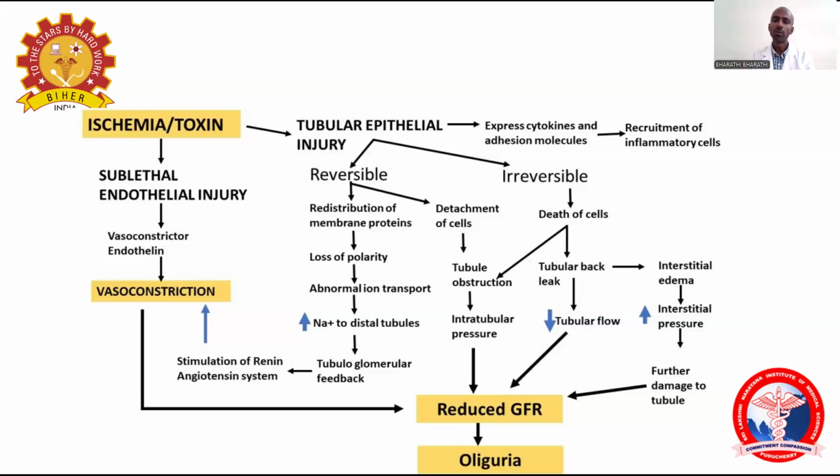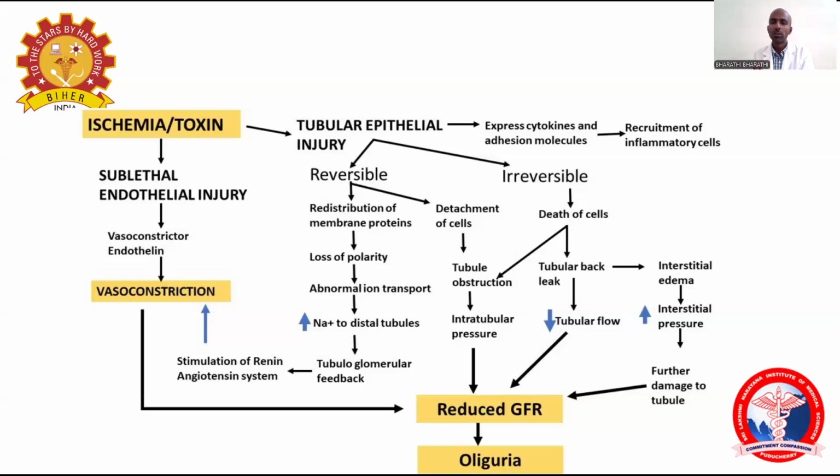Once there is a decrease in tubular flow, there will be a decrease in the glomerular filtration rate, which results in oliguria. The backleak will also cause interstitial edema. This interstitial edema results in an increase in interstitial pressure. When the interstitial pressure increases, it further damages the tubule.